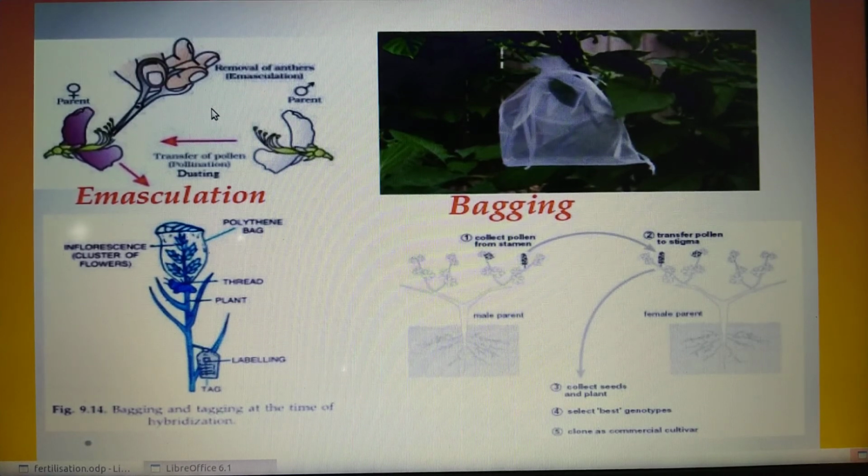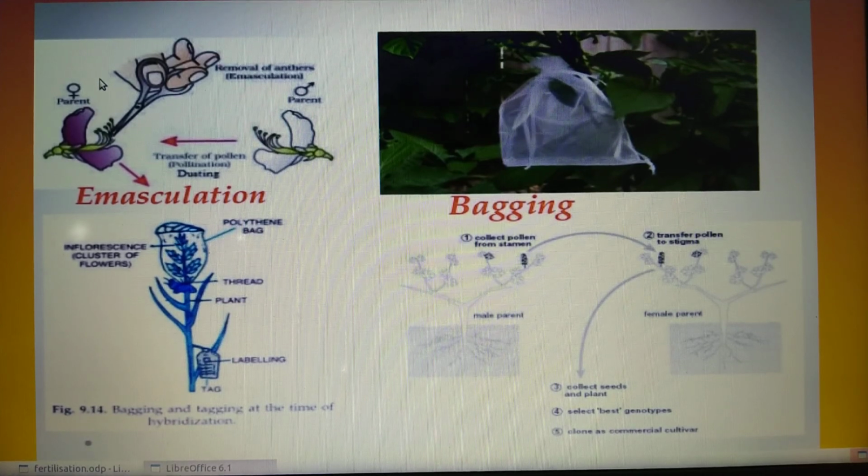After the selection of parents, what do we have to do? We have to collect the pollen grains from the male plant, which should be transferred to the stigma of the female flower. The process is called artificial pollination. Is it clear?